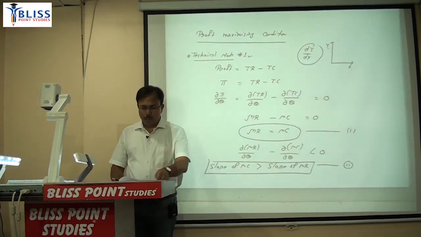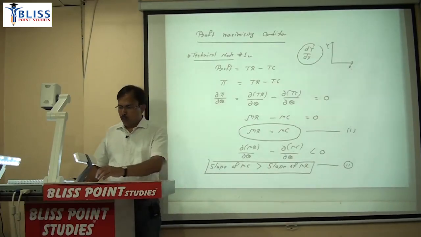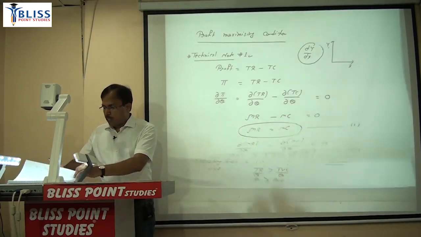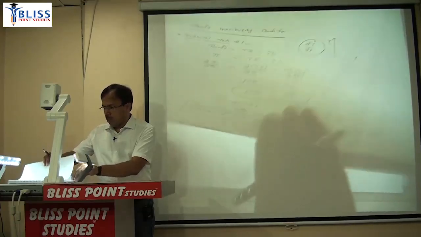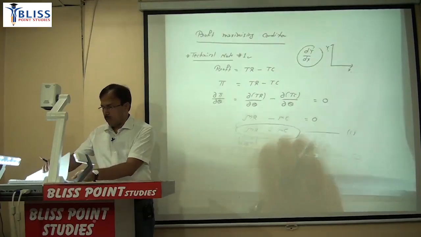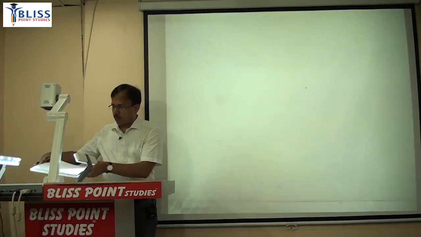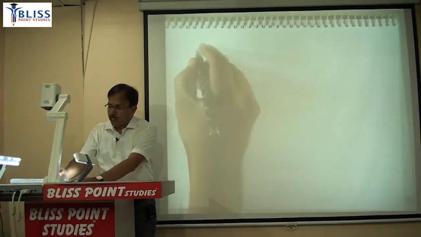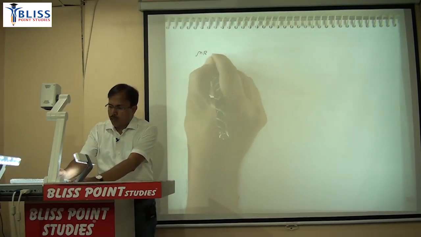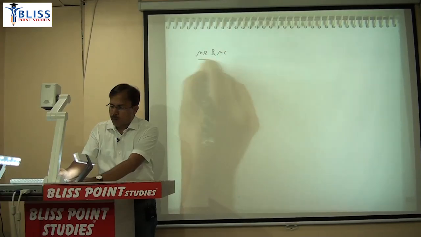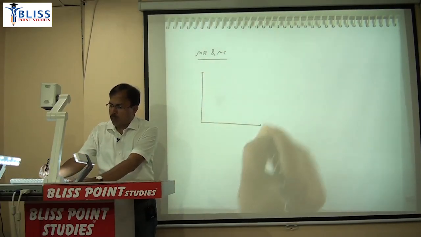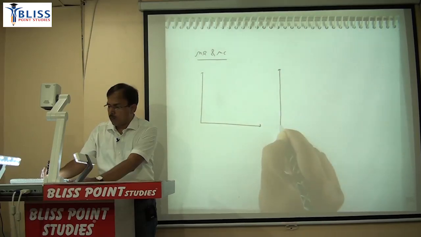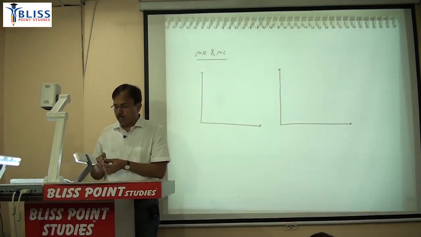Next paragraph. Now before explaining that, I will use this graph, then you can use it. We are now following this marginal revenue and marginal cost approach. Now you will do one thing: draw both parts.